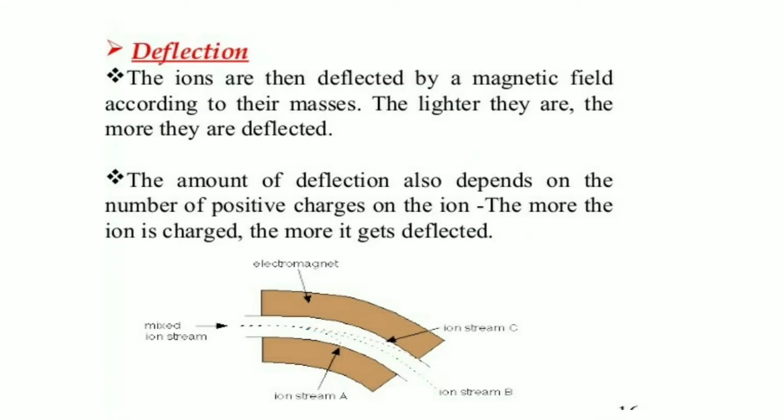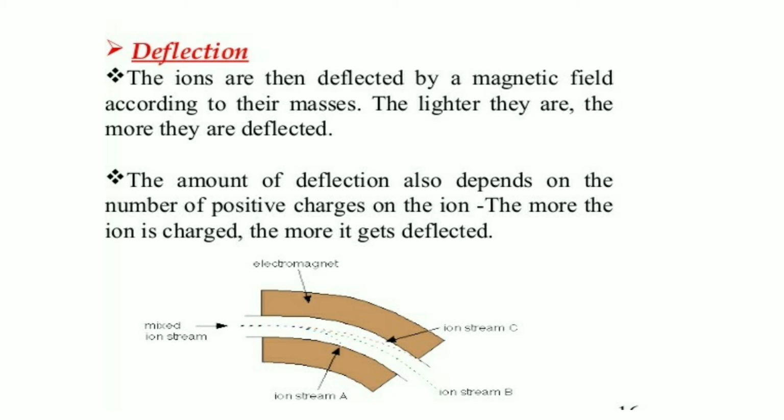After the acceleration, they pass through another chamber called the deflection chamber, where the ions are deflected. This is a mixed ion stream, a mixture of ions from the metal organic compound converted to positive ions.